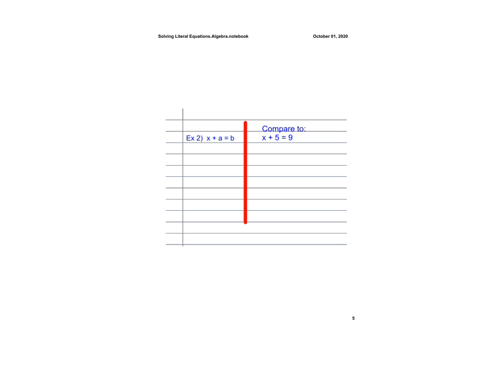Okay, so again, this is a literal equation because it has more than one letter in it. So I have x plus a equals b, and I want to solve for x. It doesn't say those directions, but those are the directions. Solve for x. So if I want to relate it to an equation I know, I leave x, but I change everything else to a different number.